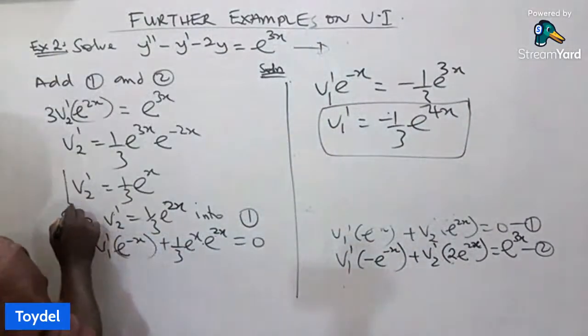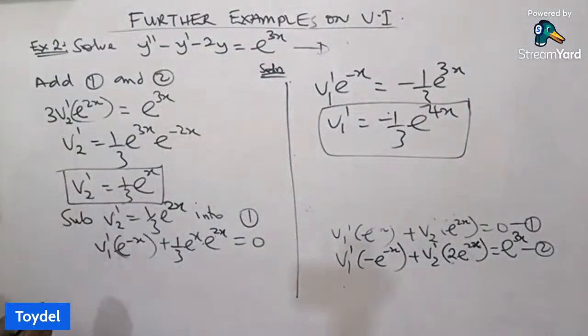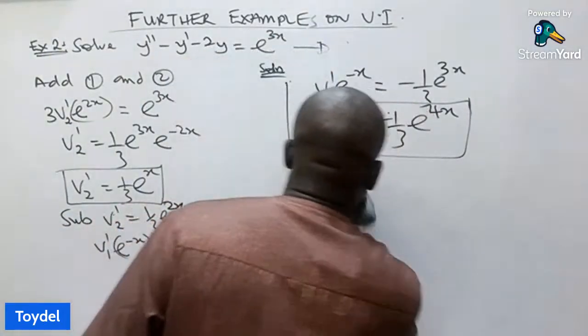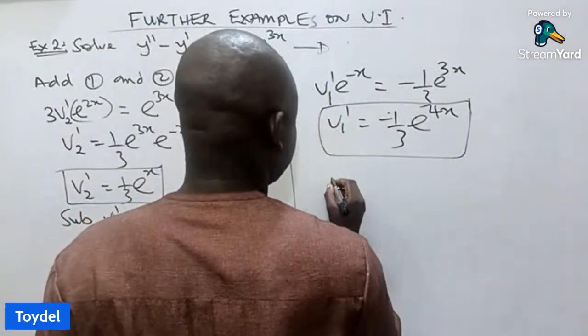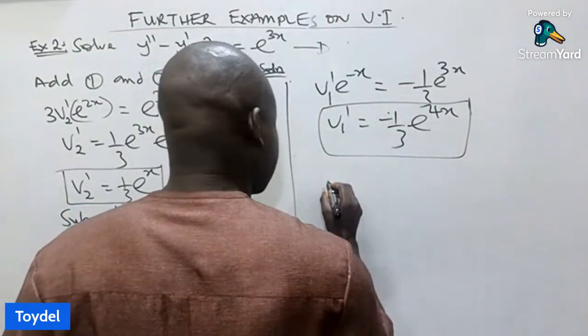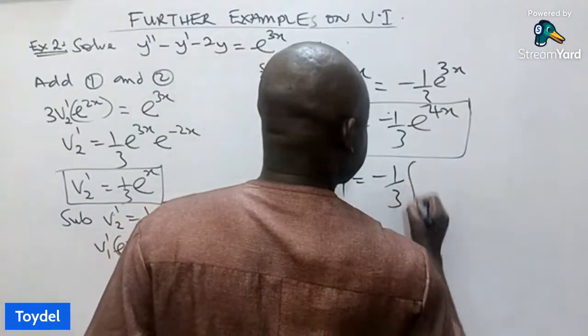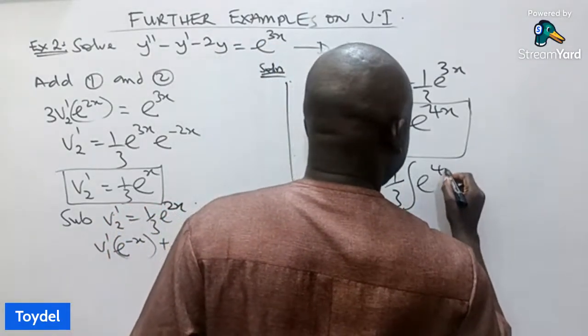Then this is for V2 prime. So we are looking for the value of V1 and V2. So what do we do here? We just integrate. We are going to integrate V1 prime and V2 prime. Once we integrate the first one, we get the value of V1. Once we integrate the second one, we get the value of V2. So if I integrate this, I'm going to get V1 to be equal to minus 1 over 3 integral exponential 4x.